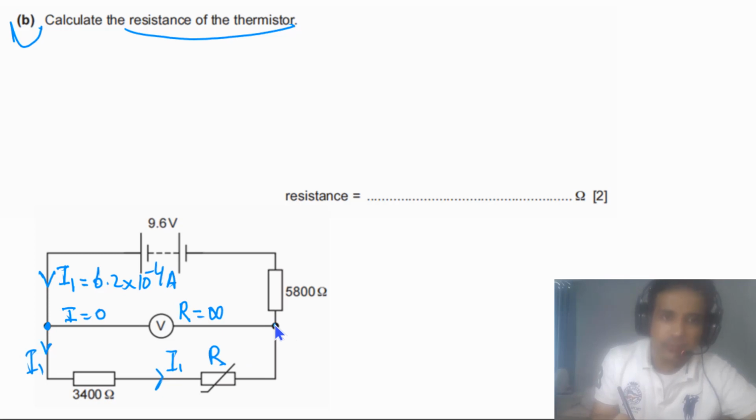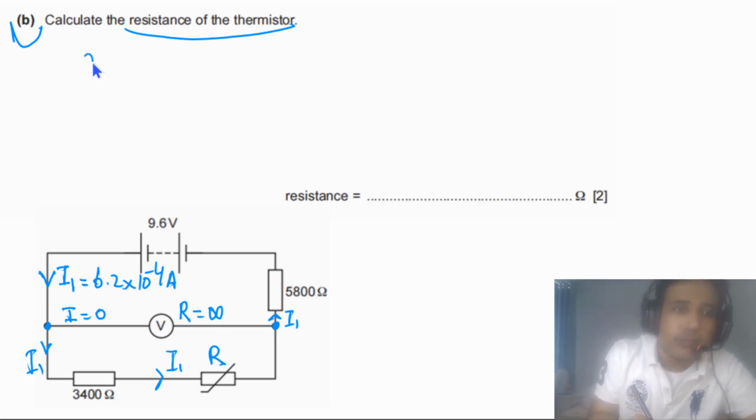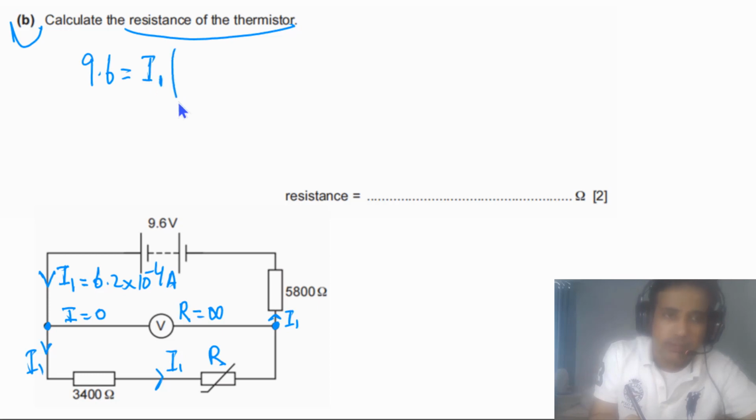And if you look at this junction, there will be no current passing through this voltmeter because its resistance is infinite. So it also means that the current passing through this resistor is also equal to I1. So it simply means that these three resistors are connected in series with this battery. So we can write down 9.6, the EMF, has to be equal to the total current in the circuit times the total resistance.